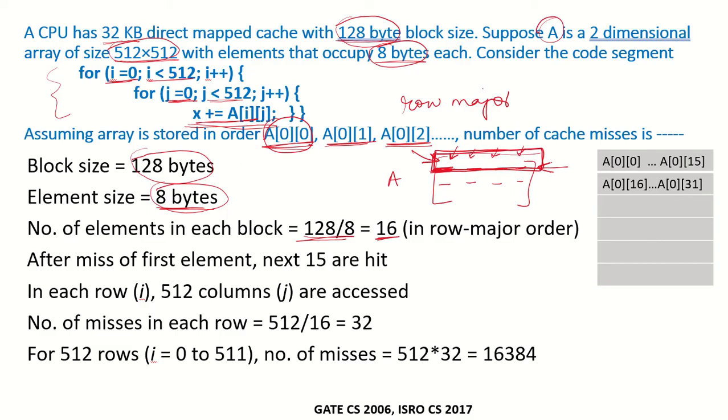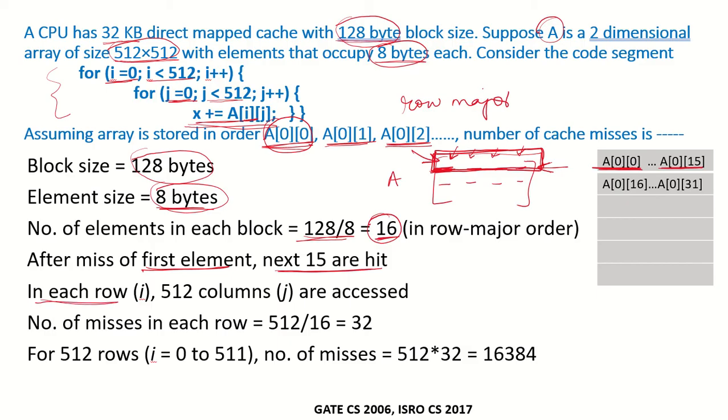Since the block size in main memory and the cache are the same, this block contains 16 elements, so A00 to A015 will be brought into the cache and placed in one of the cache blocks. So if the first element is a miss, the next 15 elements will be hits, because that whole block of 16 elements has been brought in.